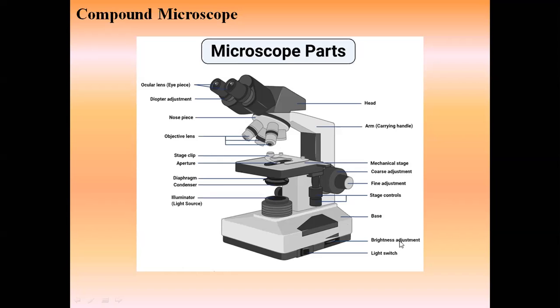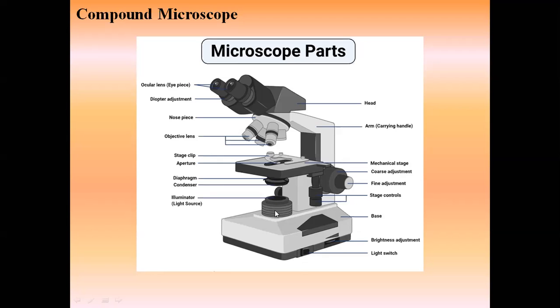I will tell you the brightness adjustment. That is one new thing that has been added. It was there in the introduction microscope also, but it was not shown there. Once you switch on the light, this halogen lamp is going to glow.